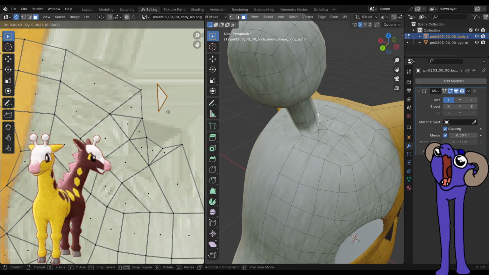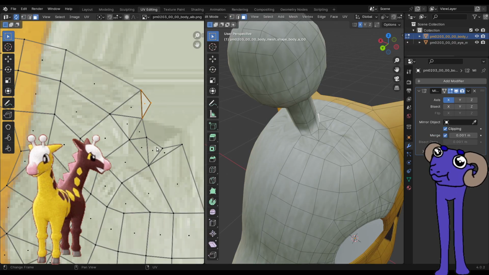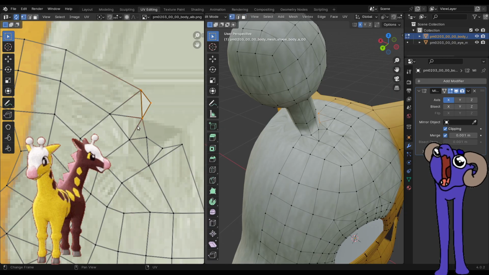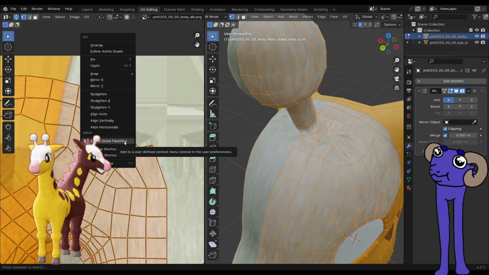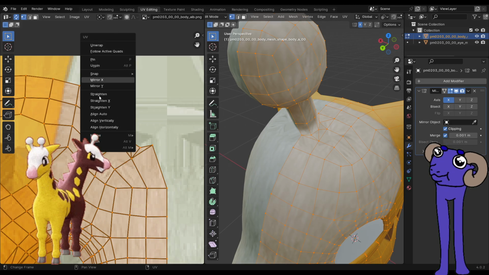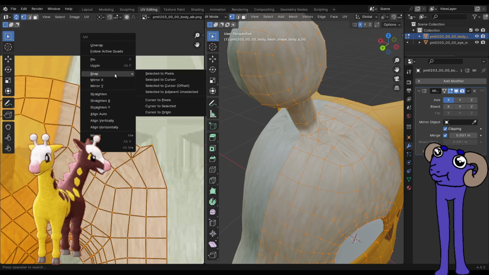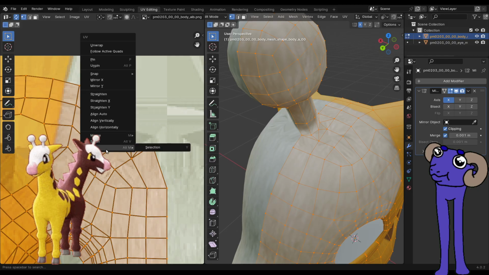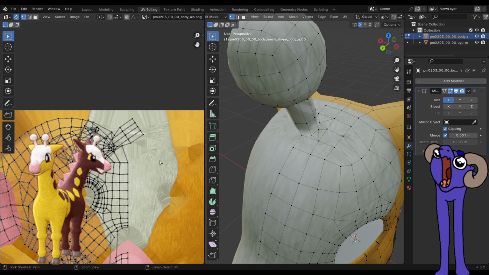Okay, so are these now stuck together? No, they are not. How do I make these stuck together? Oh god.